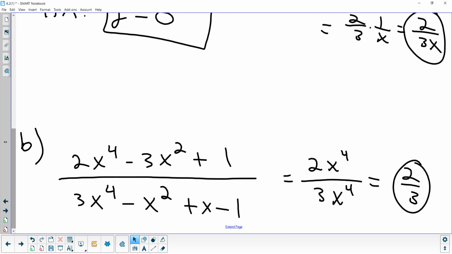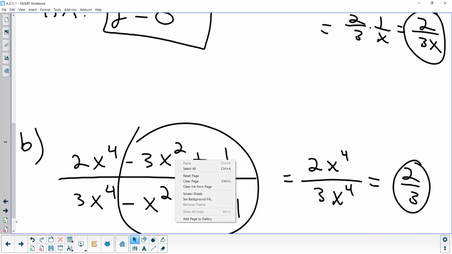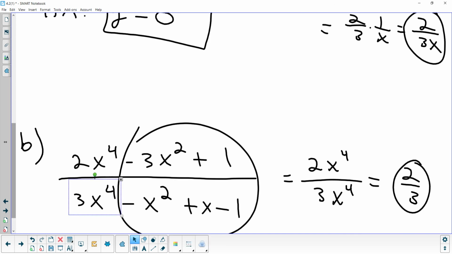Which makes sense because these terms basically disappear as you go towards infinity. I mean, taking a number like 500 and raising it to the 4th power totally overpowers taking the number 500 and squaring it. So these two terms control everything that's happening as x gets really big. And when you simplify the division of those two terms, the x to the 4th powers cancel.